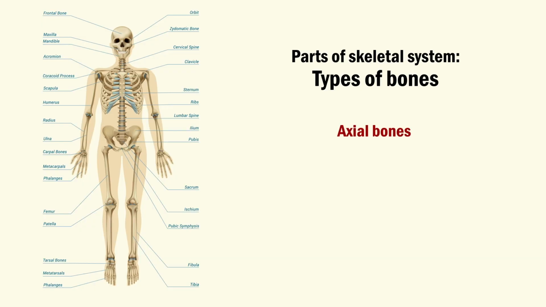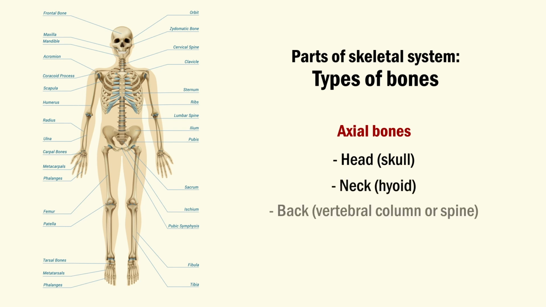As the name suggests, axial bones include bones that lie along the axis of the skeletal system. It consists of the head, neck, back and chest.